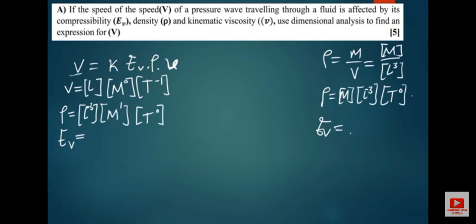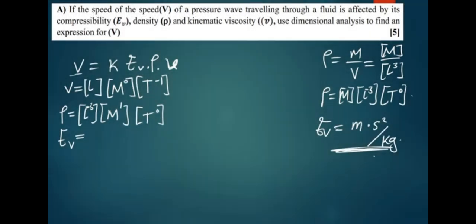The units are meters squared per kg, with seconds squared. Yeah, these are the units for compressibility.